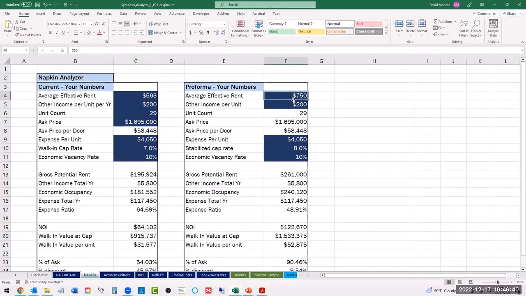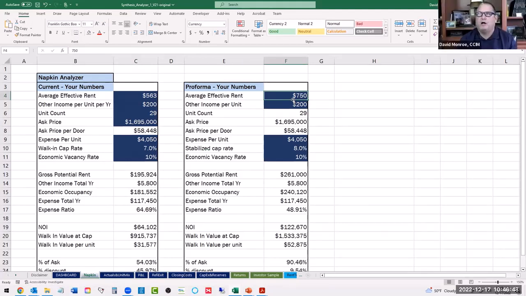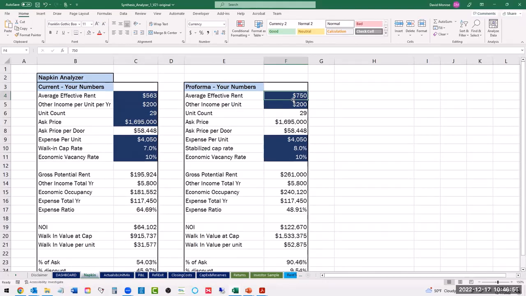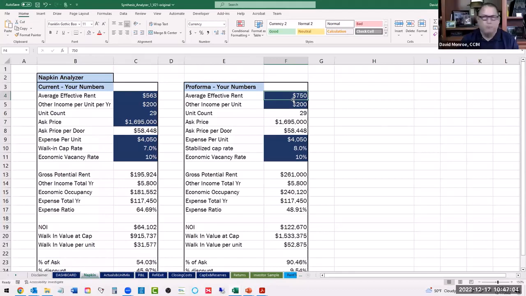So walk-in cap rate, I know you just mentioned it, but I'm lost. Walk-in cap rate is on actual financials. I'm not purchasing this property under a 7% cap rate. It's not a normalized cap rate like you'd get from CoStar for that market. This is my risk.